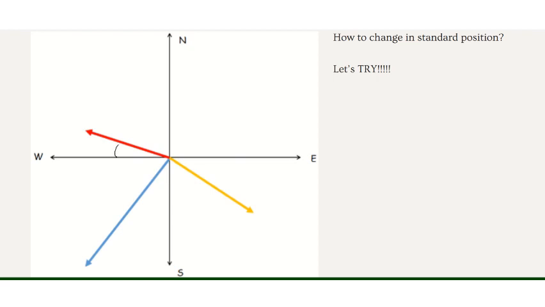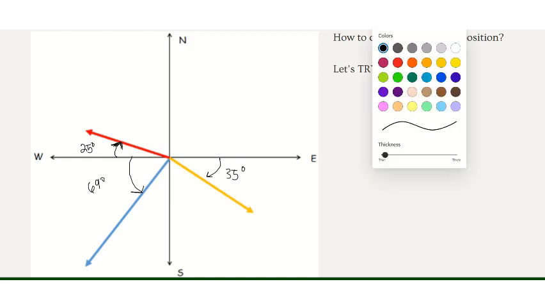So, halimbawa, let's just say this is, dito sa arrowhead tayo nagde-depend ha, 25 degrees, ito naman na ay 69 degrees, ito naman ay 35 degrees. Kaya, try natin. Let's try color red, kasi gagamitin natin for color red, and green tuloy.